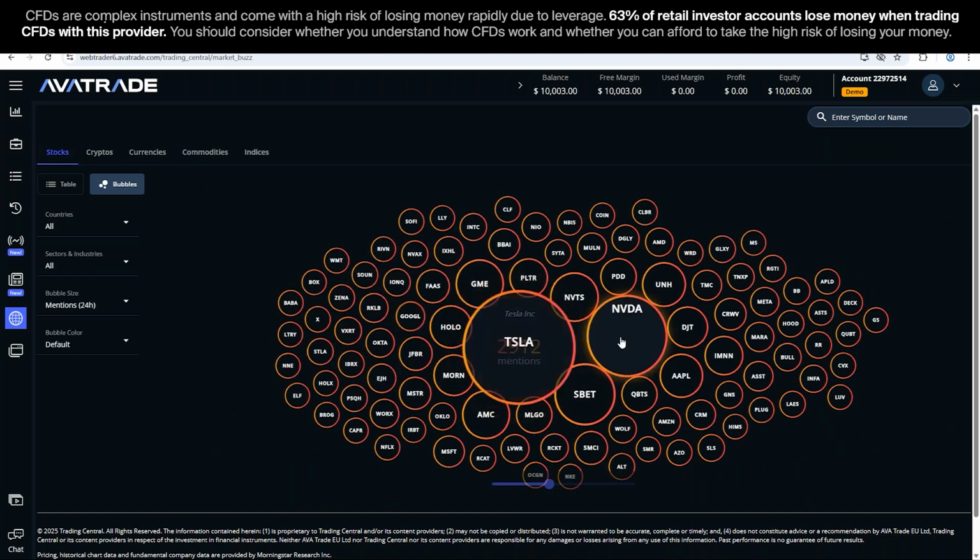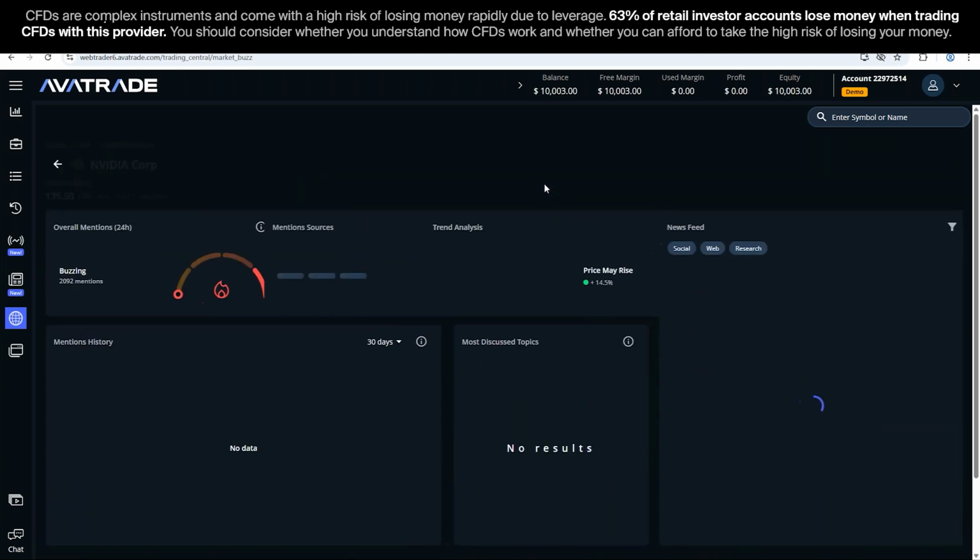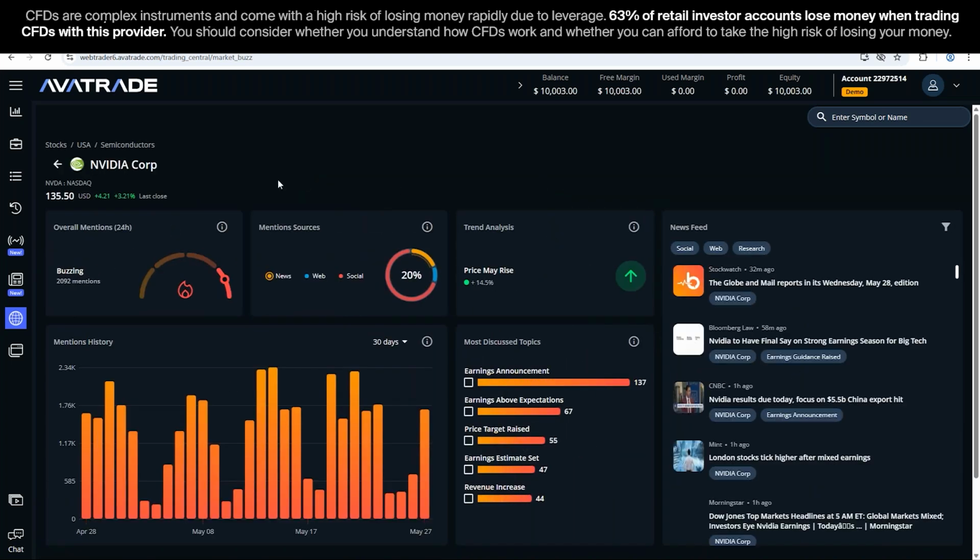And if we click on NVIDIA, I usually take the biggest, but maybe now NVIDIA, we see here to the right all kinds of various articles that we can go through and understand a bit better how to analyze NVIDIA. Okay, so we've got here earning announcements, earning above expectations, target price, earning estimation set, and revenue increase.